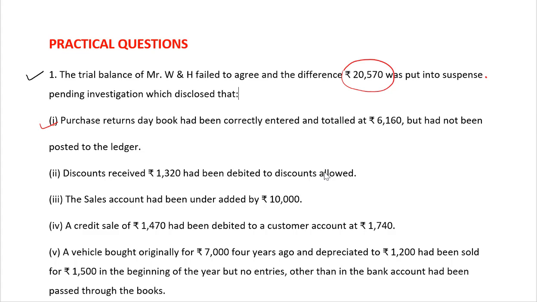First, purchase return day book had been correctly entered and totaled at 6,160 but had not been posted in the ledger. Purchase return book is not posted to the ledger over here. So in the corrected entry, we need to pass entry for that.